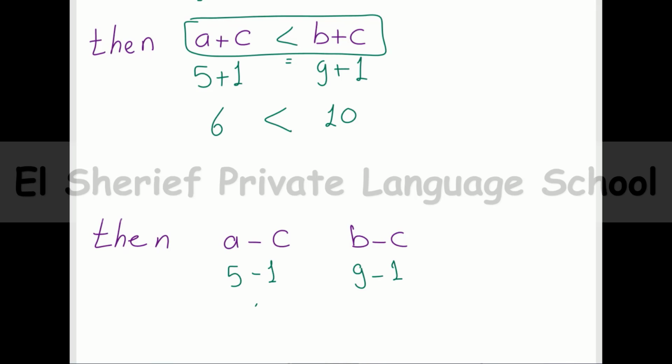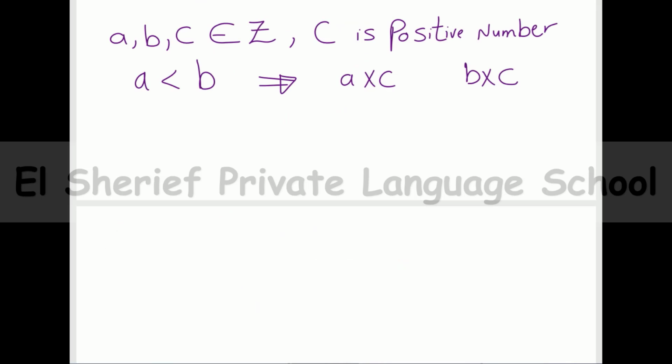After that 5 minus 1 equals 4, 9 minus 1 equals 8, and we know that 4 less than 8, so A minus C less than B minus C. So the same sign, it didn't change. So if we subtract or add the same number on both sides of the inequality, the sign of the inequality doesn't change.